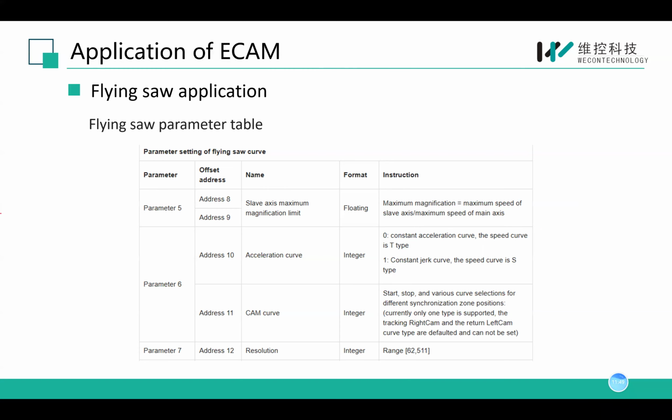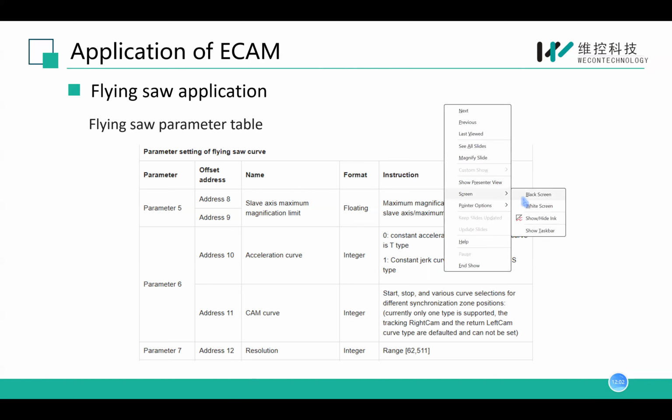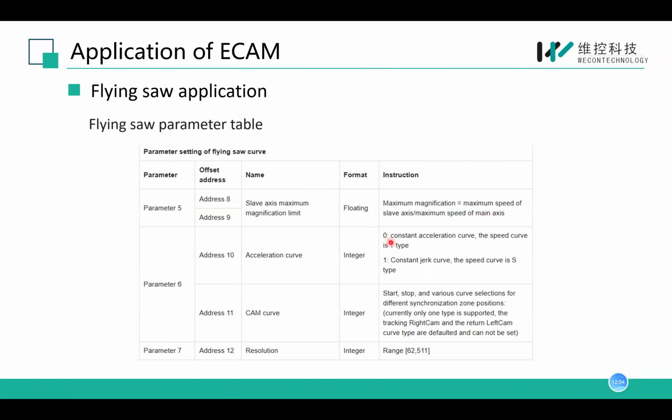And then parameter 10 is about the acceleration curve. If we set it as 0, it's a constant acceleration curve. And if we set it as 1, it's a constant jerk curve. You can set it based on your requirements.